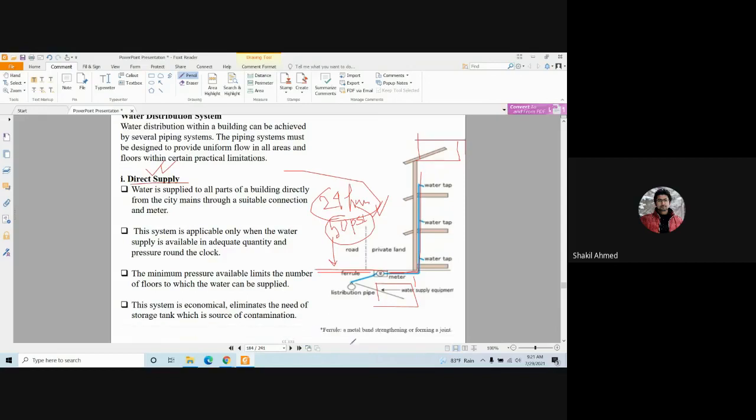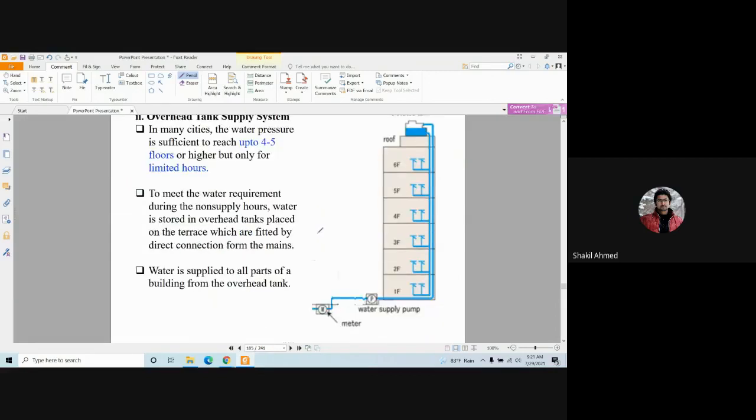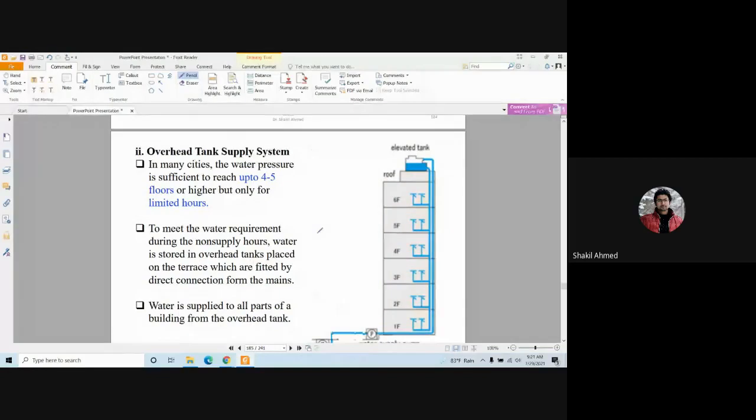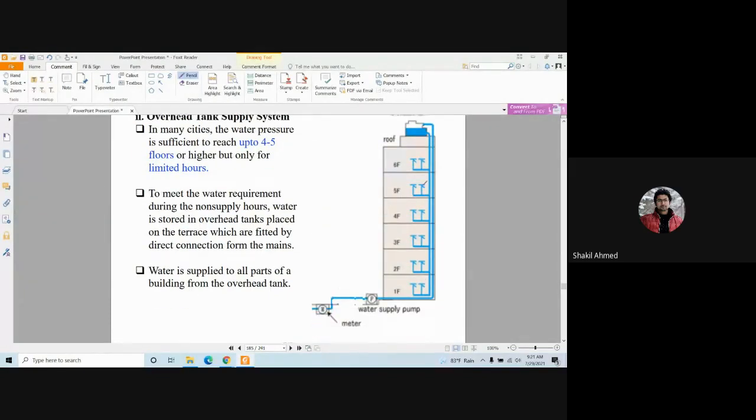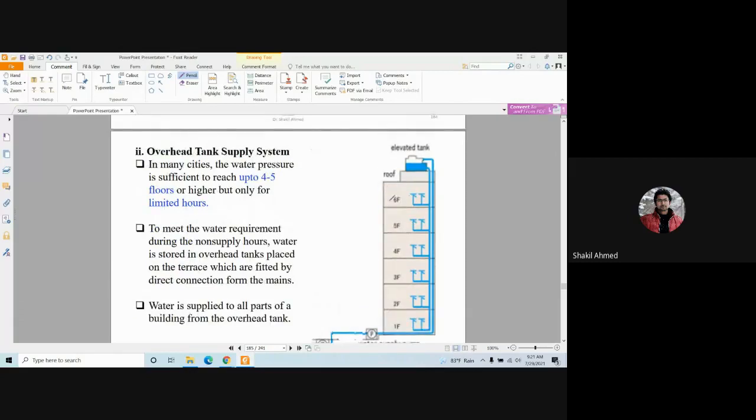But that's not the usual scenario. In most cases, there is not enough pressure, and the water is not supplied continuously 24 hours, maybe 10 hours or 15 hours. In those cases, for example, you do not have enough pressure. Your building is 6 story now.